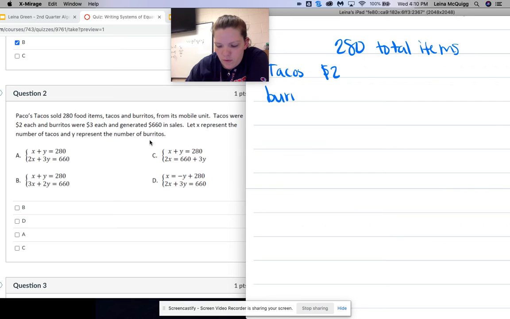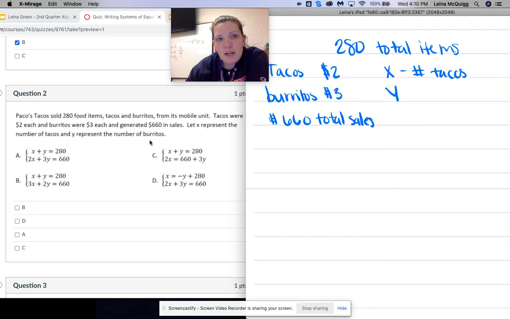Burritos are $3 each. And they generated $660 total sales. So x is going to represent the number of tacos, and y is going to represent the number of burritos.